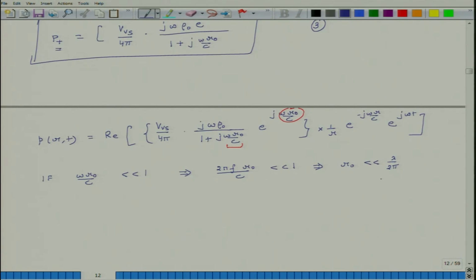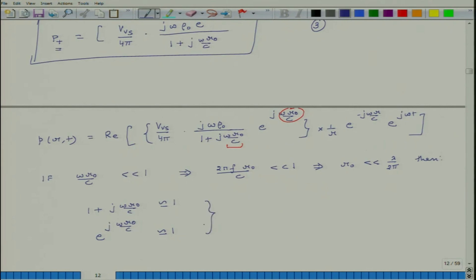So, if that is the case, then I can simplify the first equation for pressure. I can make two simplifications: 1 plus j omega r naught divided by c, I can approximate as 1, and the second approximation is e to the power of j omega r naught divided by c is also approximately equal to 1.